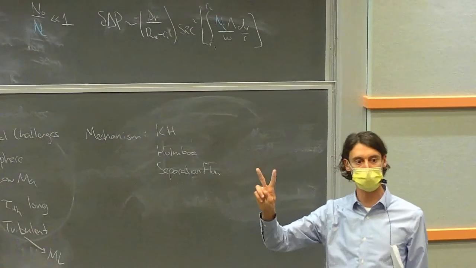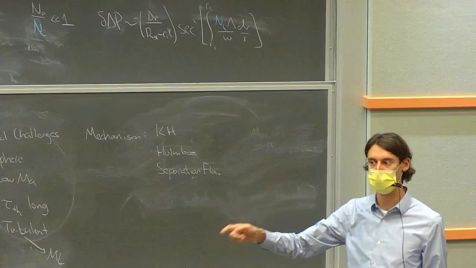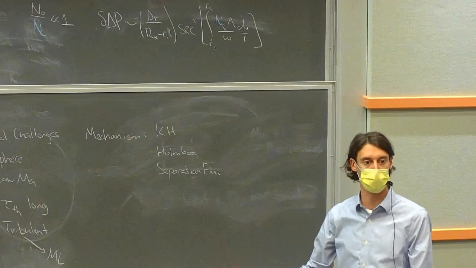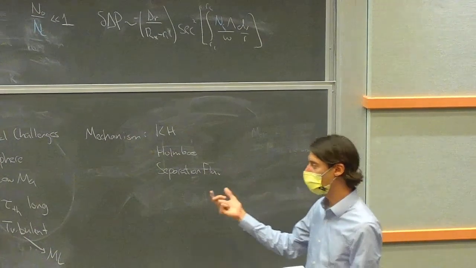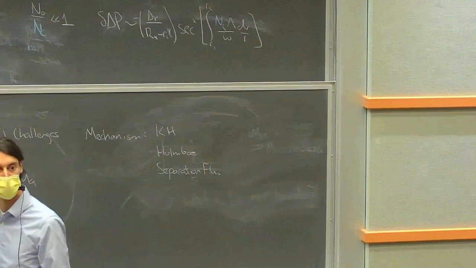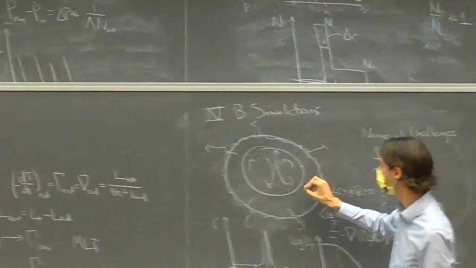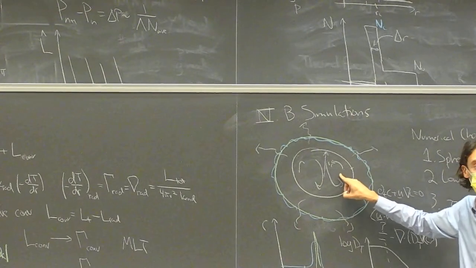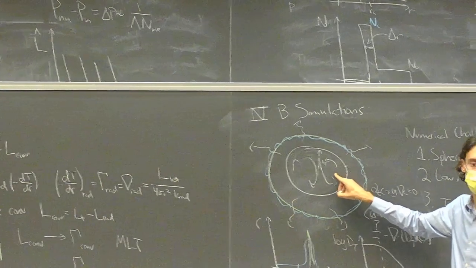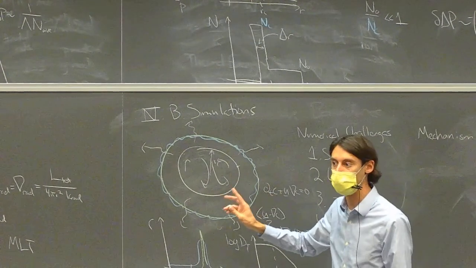Two things that I haven't mentioned very much are rotation and also magnetic fields. Every star is rotating, and oftentimes the rotation frequency is comparable to the large-scale convective frequency. Especially for these massive stars, the rotation frequency can often be larger. So rotation is a very strong effect.